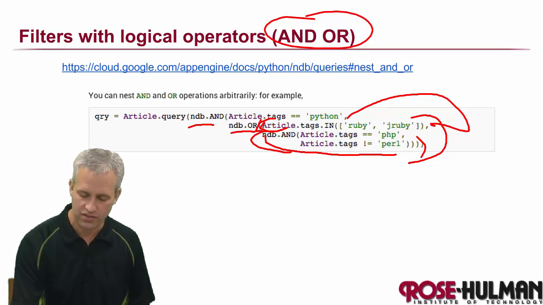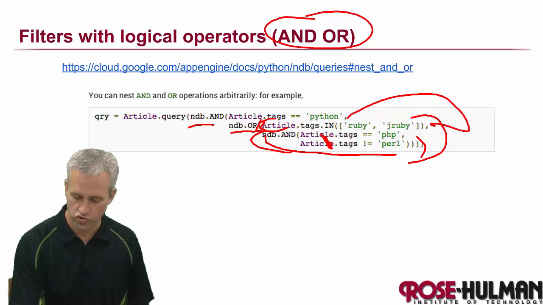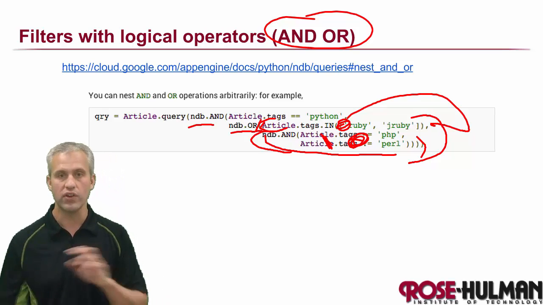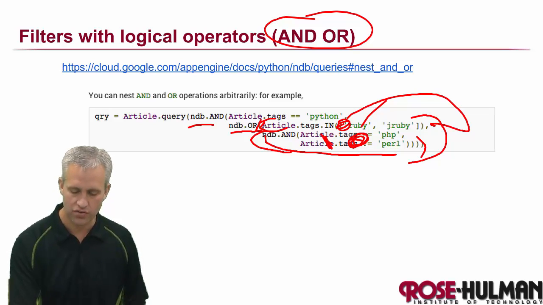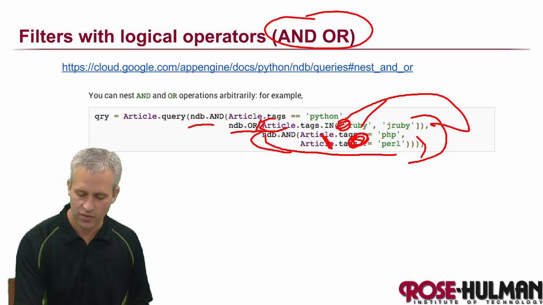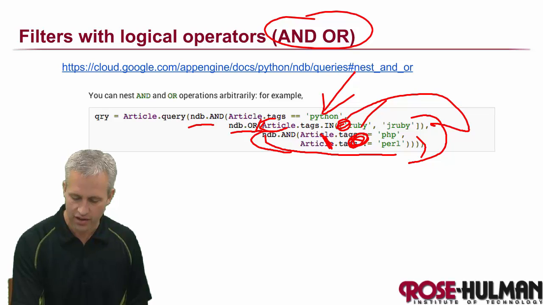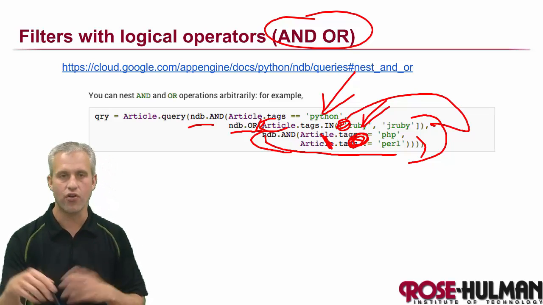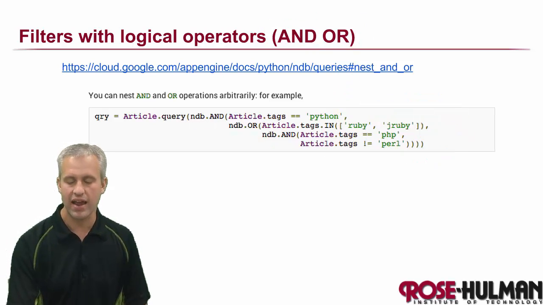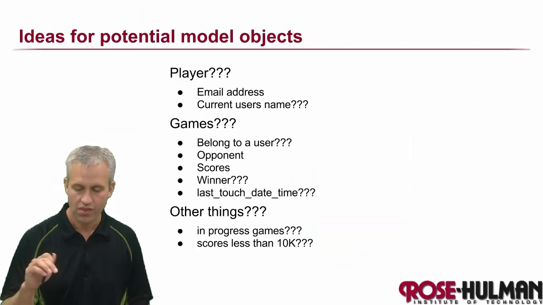So if this and this are true, then evaluate that in the next level, and then there's an or between these two. If either of them is true, so if something was Ruby, it would definitely pass through. And then the top level is an and, so it has to have the tag Python, and then if it also has the tag Ruby, that would work. There are all kinds of ways through this thing. But and or are pretty easy concepts to use, though the syntax is going to be something new to you.